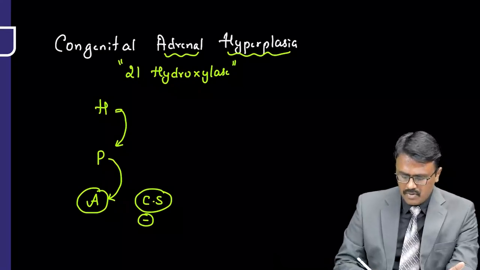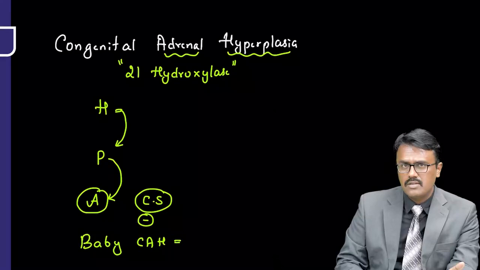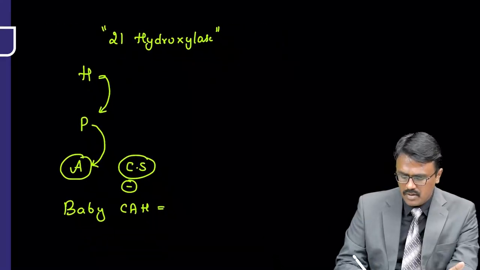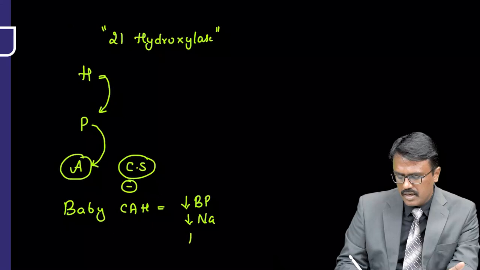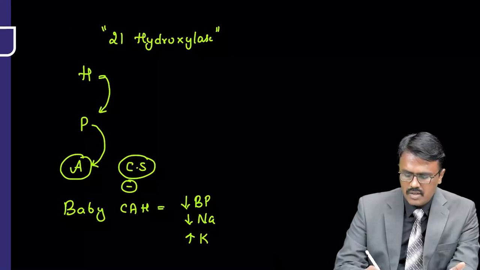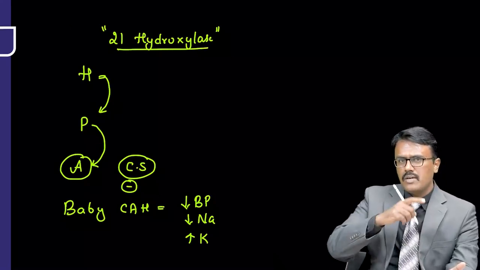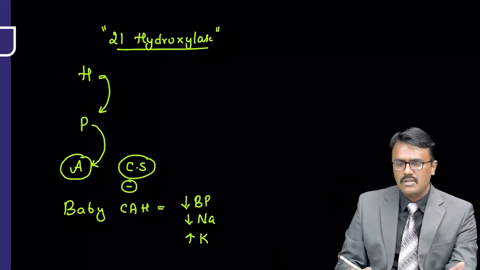Now when the baby is born with this problem, it doesn't have steroids. So when the baby is born, the BP is low, the sodium is low, but the potassium is high. Not only that, when you block this enzyme 21 hydroxylase, cholesterol biosynthesis moves towards more and more testosterone synthesis.